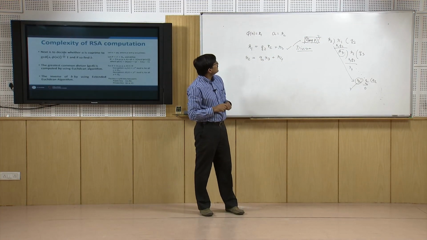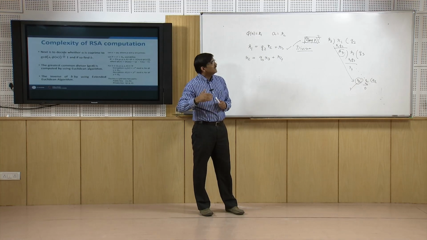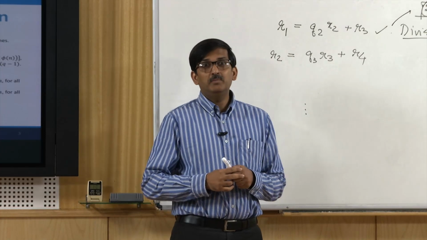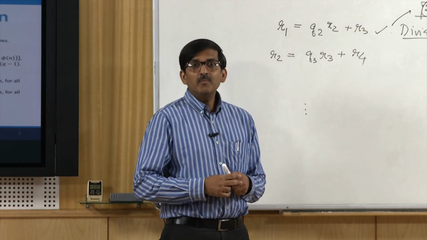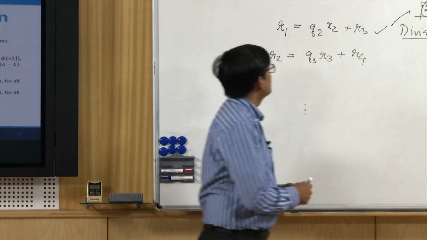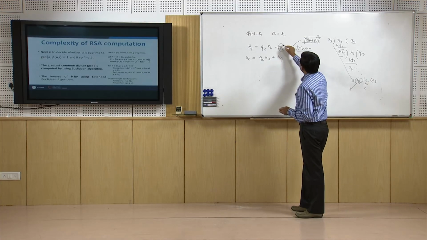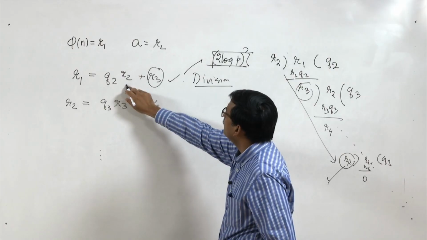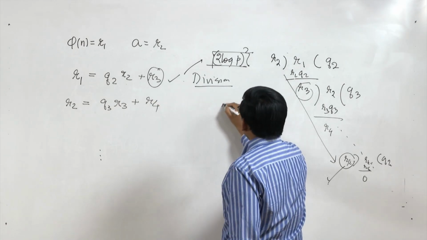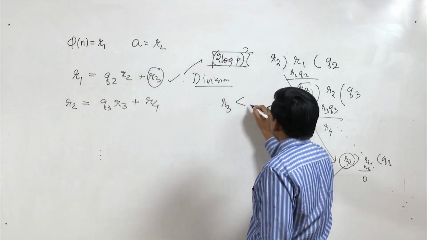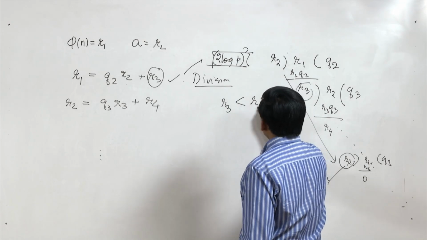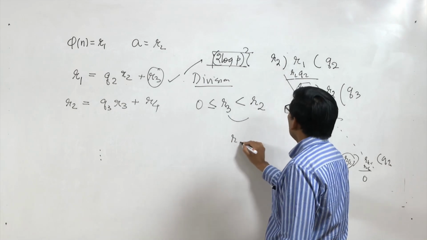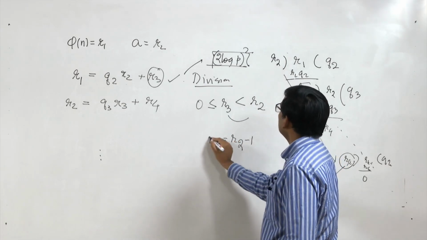Now, if it is decreasing 1 by 1, then it is going to be very large, because the numbers involved are very large numbers. So, for example, R3, we know by the division algorithm, is of course less than R2 and greater than or equal to 0, but it can be R2 minus 1, it is possible.